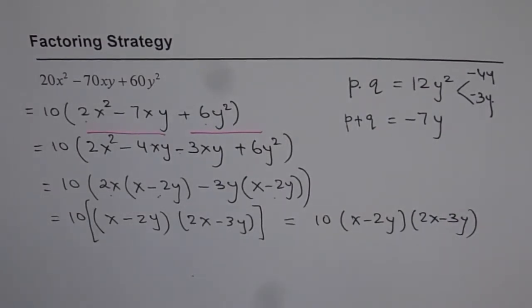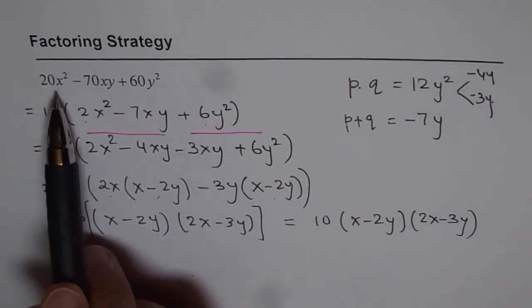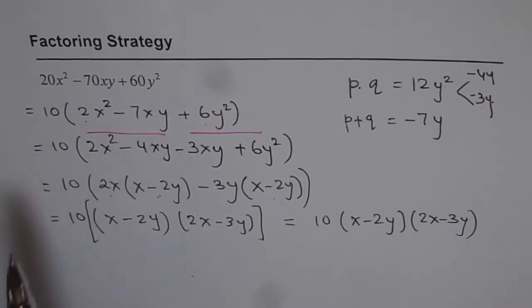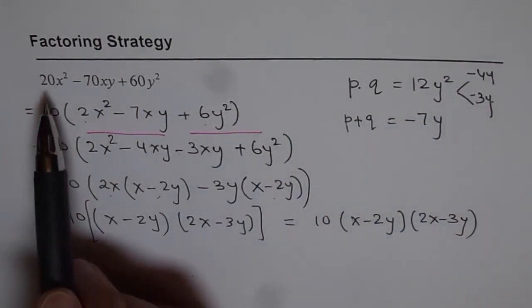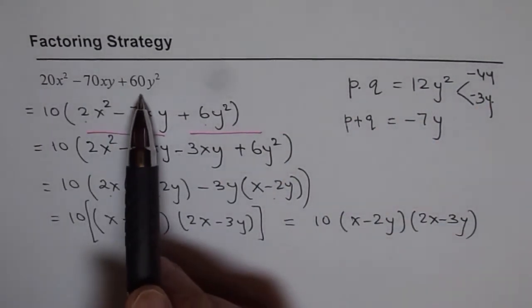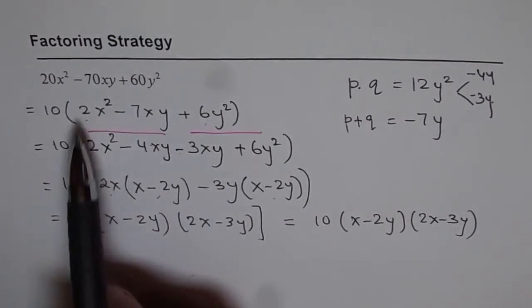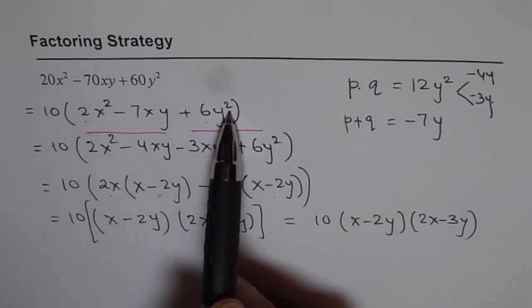I hope you appreciate the steps. The first step is, if you can, do common factoring. In this case, 10 was common, so we factored out 10. Then we are looking for two numbers whose product is the product of 2 and 6y squared.